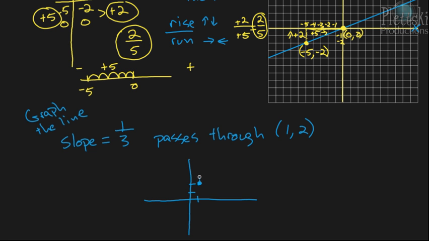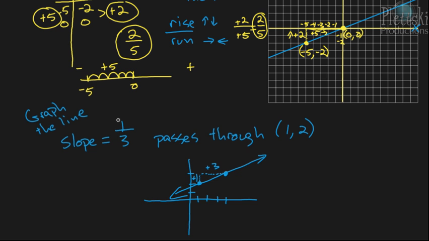The slope in this one has a change of y of 1, so plus 1, and a change of x of 3. So if we go up 1 and over 1, 2, 3, we'll get another point on the line, and then we'll be able to draw the line, and it'll look something like that.